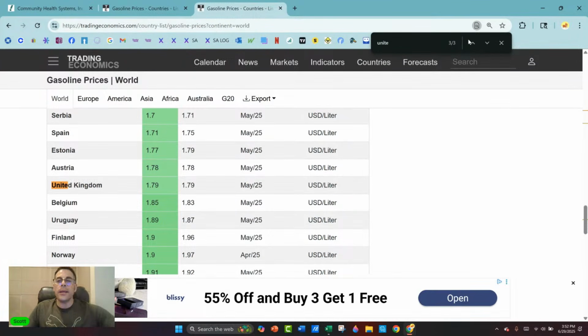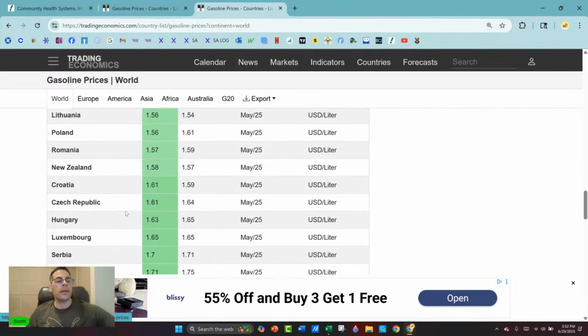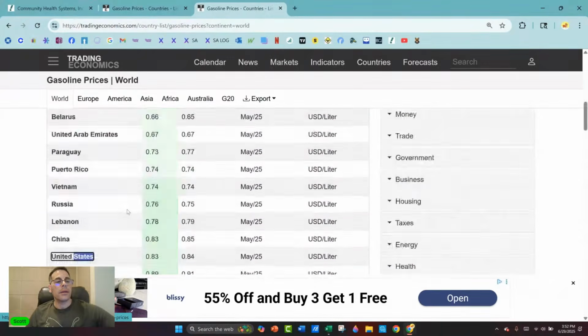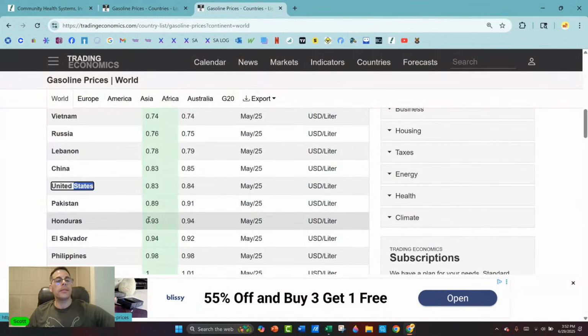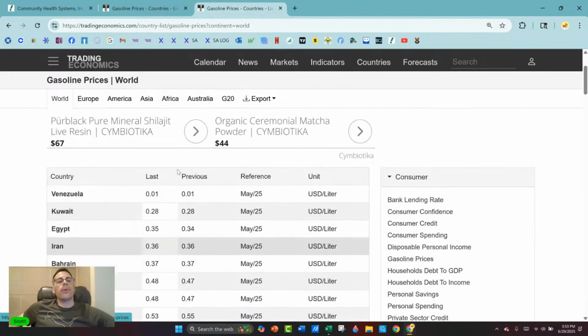So that's the United Kingdom. United States is not even here. Oh, here it is. $3.30 a gallon in the U.S. That makes more sense. I think it's like 5 in California, so it's probably 3.30 on average.